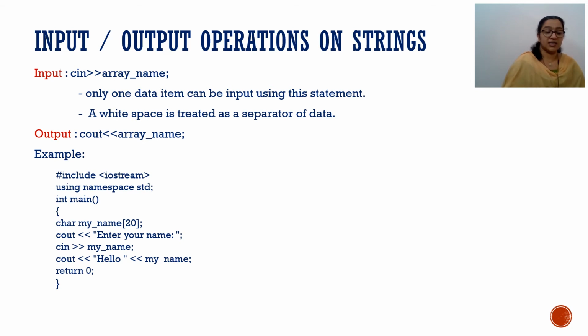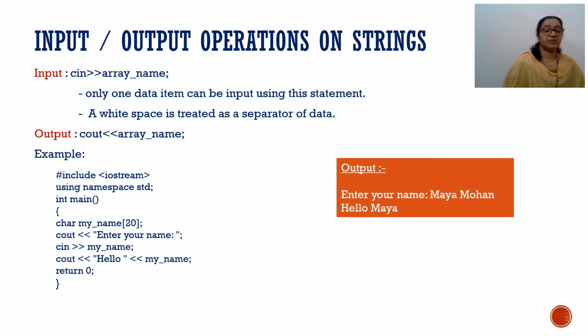Now just see the output screen here. Enter your name: we got the prompt. Here I entered Maya space Mohan, the name of a student. Then I pressed the enter key. See the display: Hello space Maya only. There is no Mohan here. Why? Because white space is treated as a separator of data, so cin can't access that space.